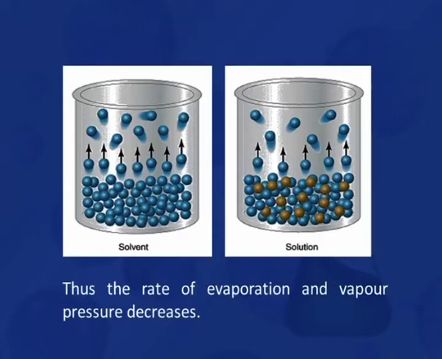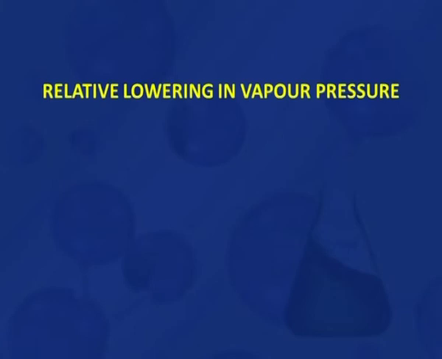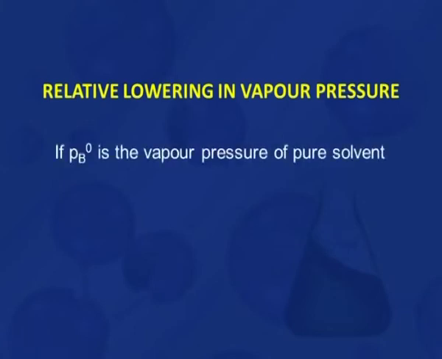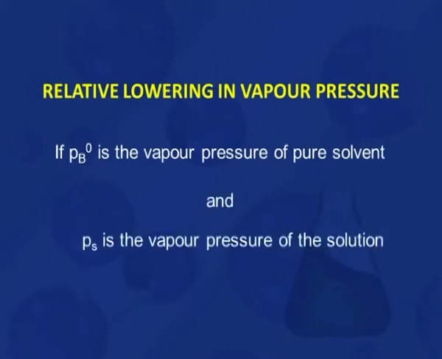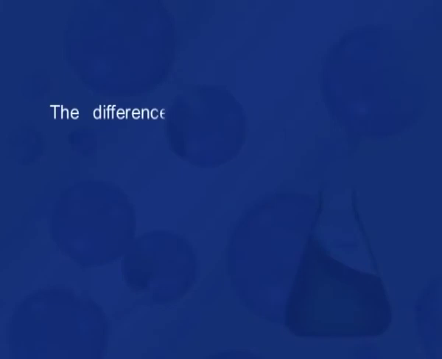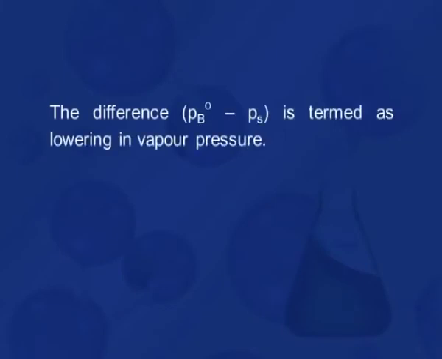Because of this phenomenon, the rate of evaporation and vapor pressure both decrease. Now, we are going to discuss relative lowering in vapor pressure. If P naught B is the vapor pressure of pure solvent and Ps is the vapor pressure of solution, then P naught B minus Ps is the lowering in vapor pressure.